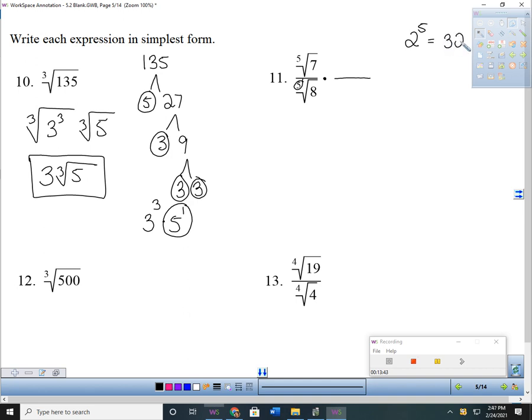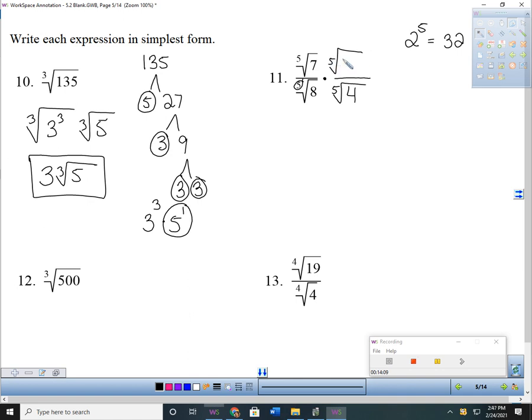So this is the smallest perfect fifth, all right? Will that 32 divide by 8? Yes. What is 32 divided by 8? It's 4, right? So I know that if I take 8 times 4, that gets me 32. So I'm going to multiply by the fifth root of 4 on top and bottom.